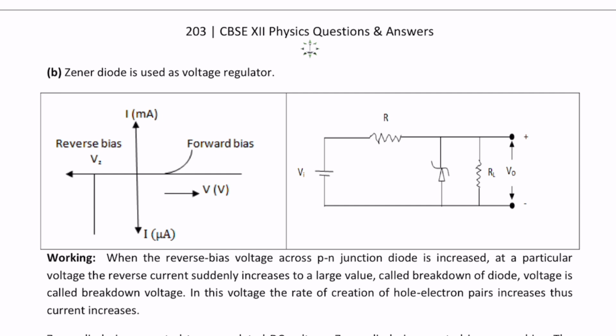So we know that as the voltage increases, applied voltage between the P and N in the forward direction, when P is connected with the positive and N is connected with the negative, okay, then this is called the forward bias. So if you increase the voltage when it is operated in the forward bias condition, the current also increases.